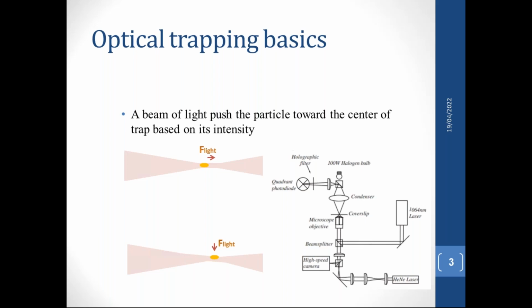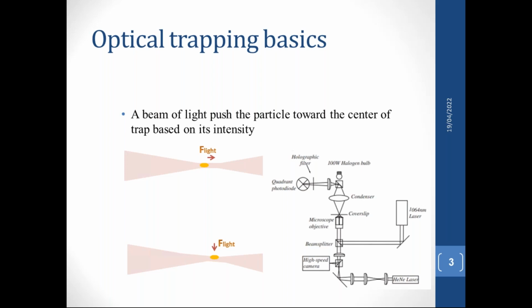When a particle enters the optical path of light, we observe that particles move toward the center of the focus point of the beam. For example, if the particle is away from the plane of the trapping, it is moved toward the plane of the trapping, and if it is in the plane but off center, it is moved toward the center of the beam.